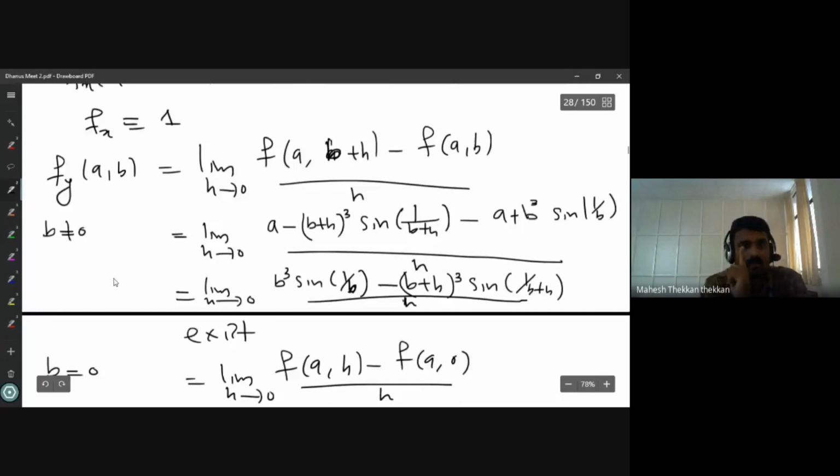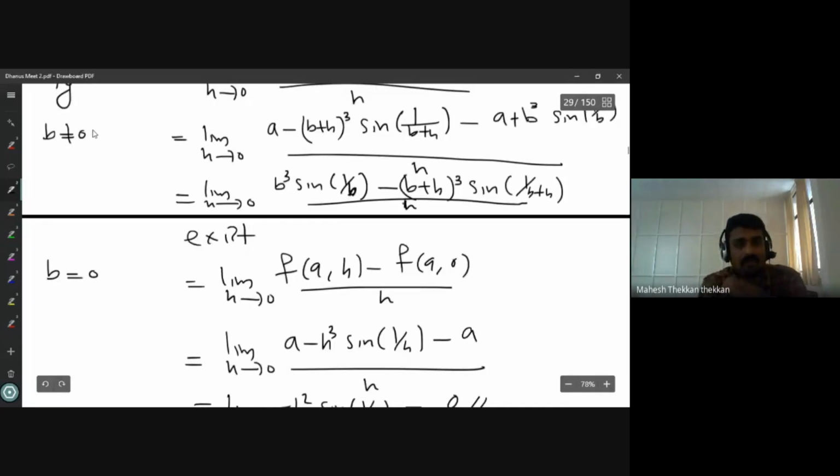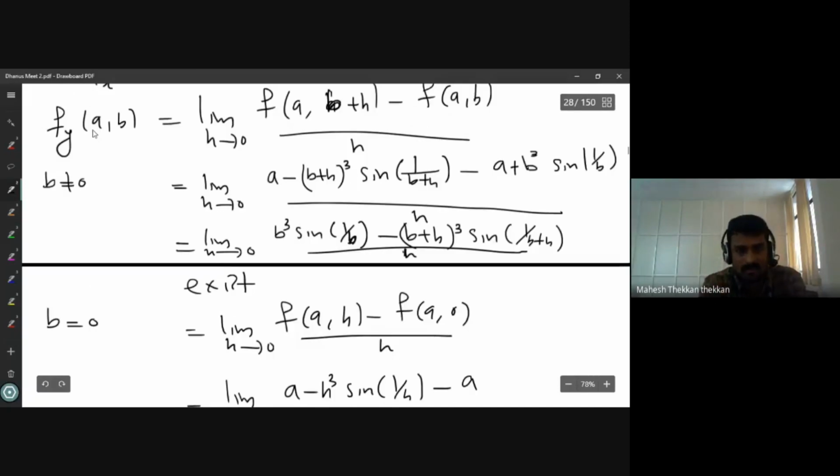Now I am observing whether the partial derivative with respect to y exists or not. That existence is also guaranteed. So I have found that the partial derivative with respect to y exists throughout the domain. So both partial derivatives exist in the neighborhood of (0, 0), and fx is continuous throughout the domain. So I don't want to worry about more.